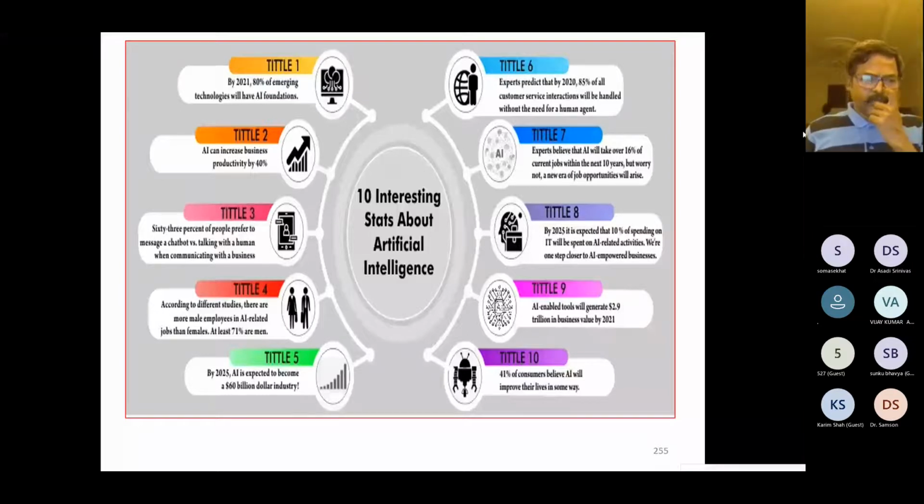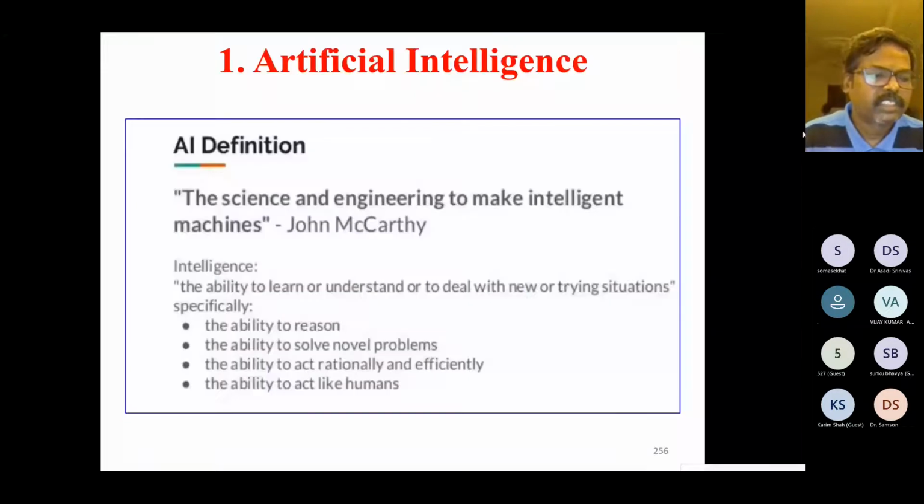The artificial intelligence definition: the science and engineering to make intelligent machines. This definition was given by John McCarthy in the year 1969. So science is about knowing, and engineering is about doing.